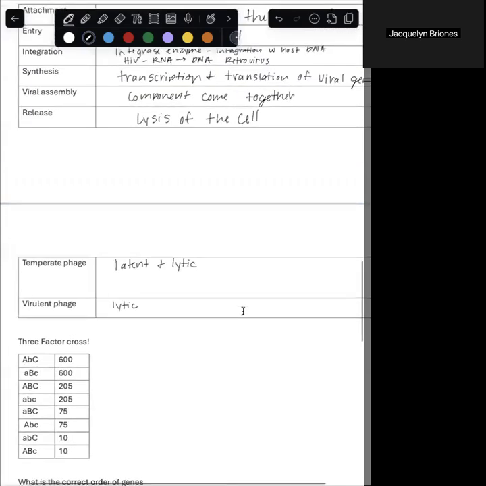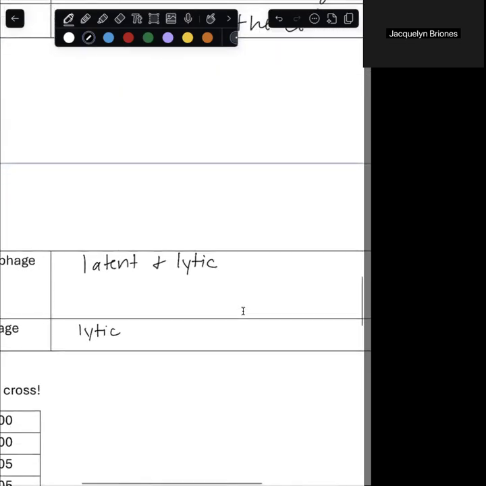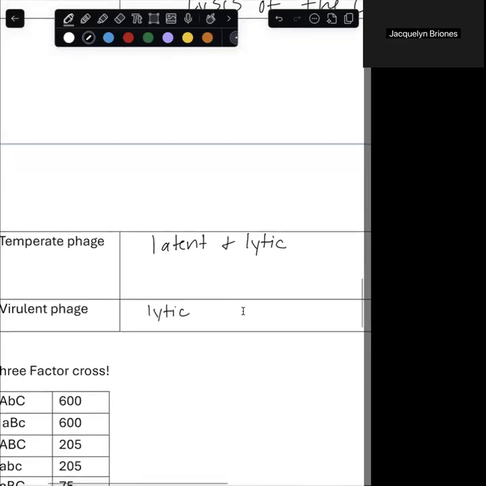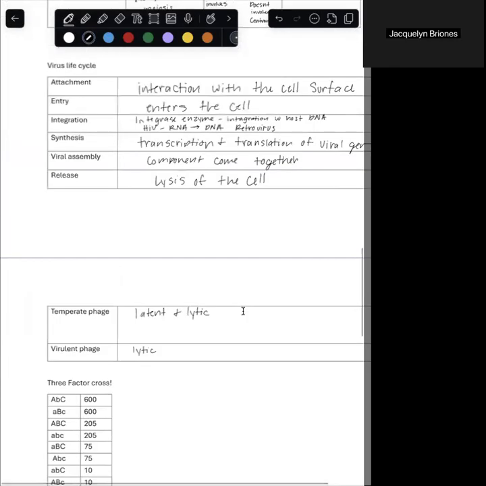We talked about this a little bit in class: a latent infection will just stay in your genes and only come out when you're agitated or stressed. So that's what latency is. And lytic is where it constantly is reproducing and reproducing, and it's never latent.